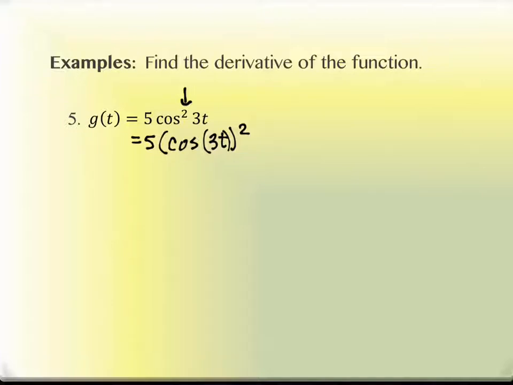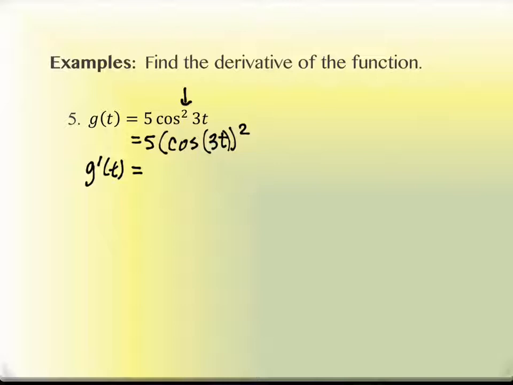I have a function that's inside of cosine, and I have a function that's inside of the power function 2, with the power 2, right? So this is two inside functions. This is going to involve using the chain rule twice because there's two embedded functions, okay? We don't do it any differently. We just have to be aware that the process will have 3 steps to it instead of just 2 steps.